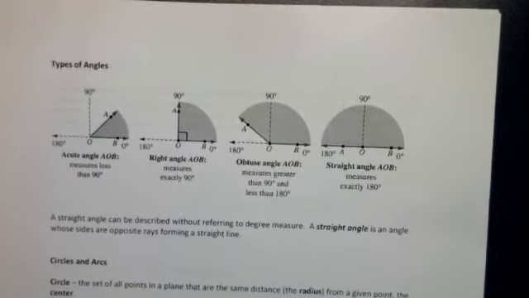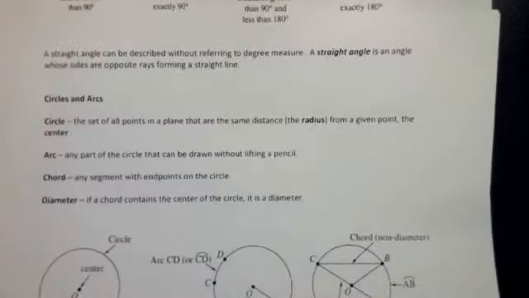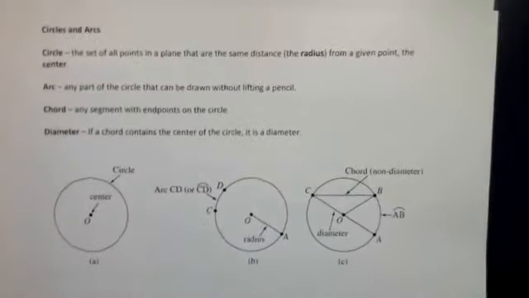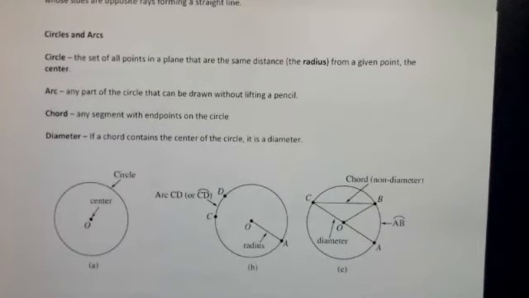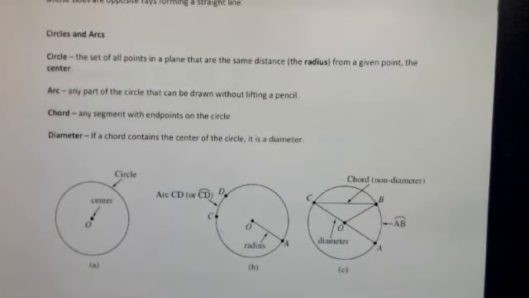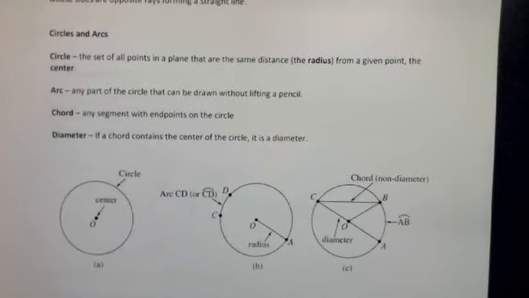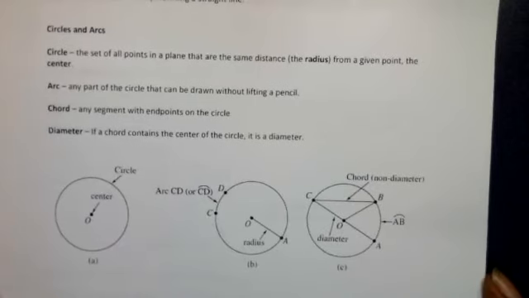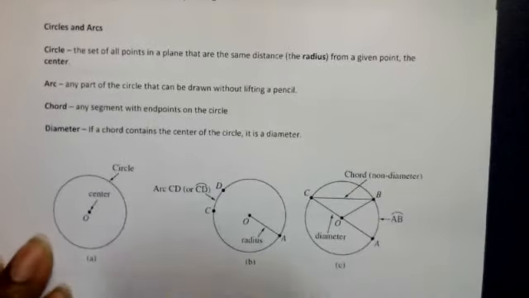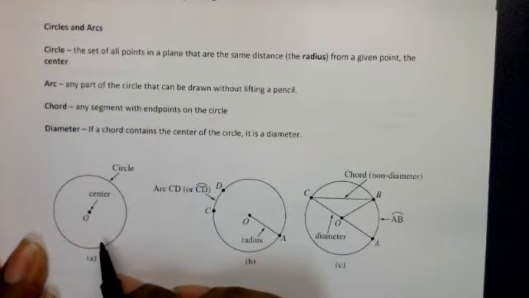All right. Now let's look at circles and arcs. A circle is a set of all points in a plane that are the same distance, or the radius, from a given point, called the center. So here's an example of what a circle looks like on the left side here at the bottom.